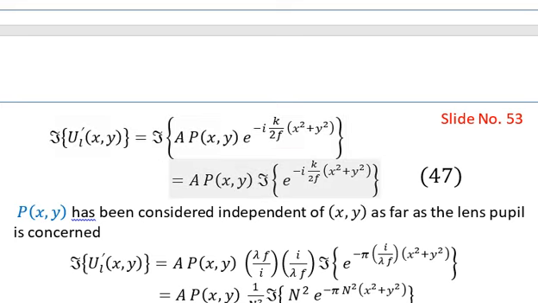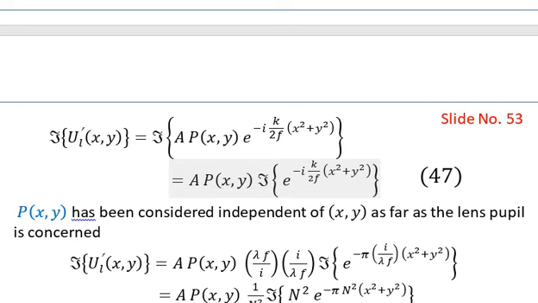Now we are not operating the Fourier operator on the pupil function, because here we are assuming that the pupil function is a constant, and the Fourier transform operator will not modify the pupil function.